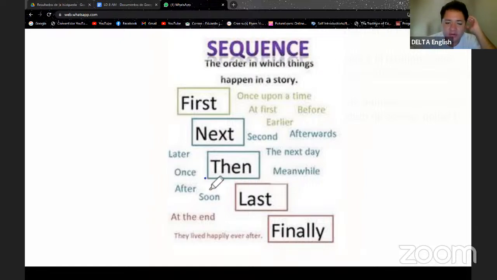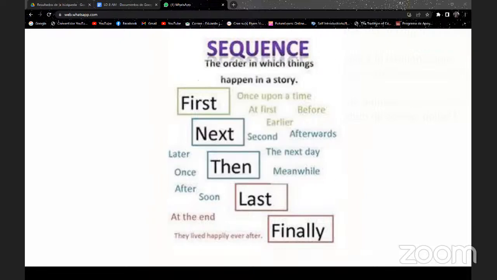Then we have then. Then also means luego, right? You can use, for example, meanwhile. What is meanwhile? You can also say in the meantime. Mientras tanto. Exactly. Mientras tanto, so you can say in the meantime or meanwhile.